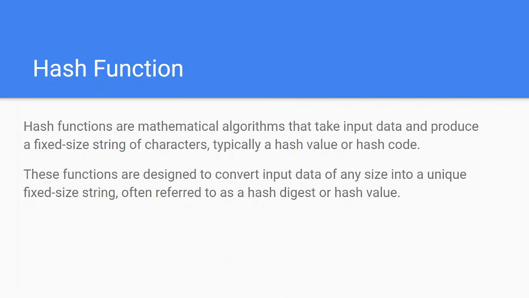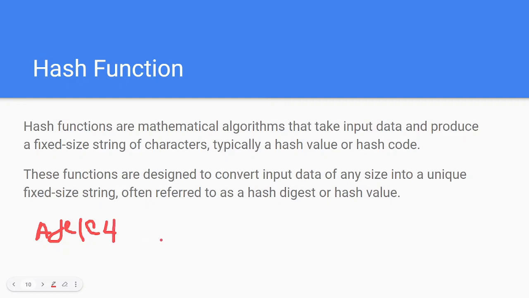Hash functions are mathematical algorithms that take input data and produce a fixed size string of characters, typically a hash value or hash code. So let me explain it. Let's say for example I want to hash a password. Let's say my password is Adele4.